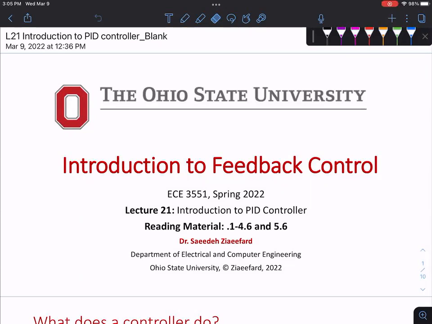So far, you learned how to represent a system in the time domain and in the S domain, and to move between them. What are the important characteristics of the system in each of these domains? You know how pole and zero impact the system, right?